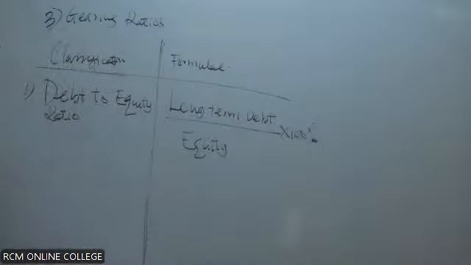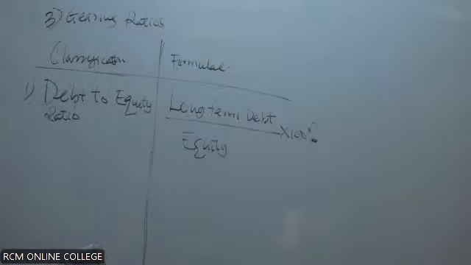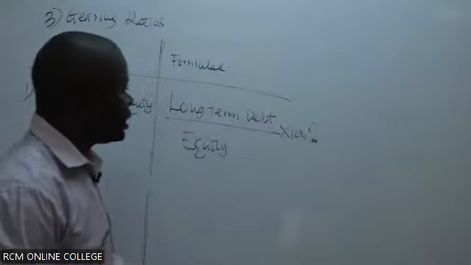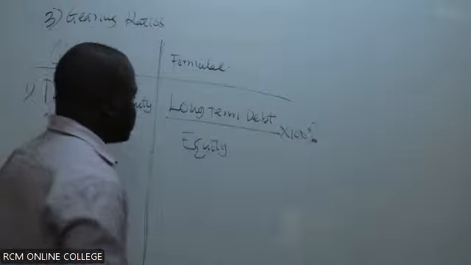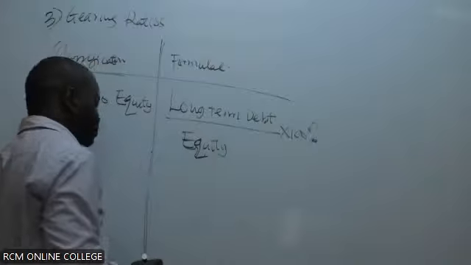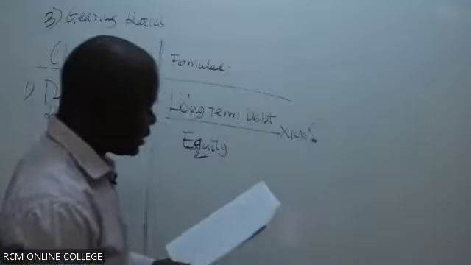You're simply comparing, as a company, if you have borrowed in terms of capital, to what extent you have done so in comparison to the equity. The equity here is what you've raised as capital after you've sold shares. So these are the shareholders' funds when you compare the two. That is what we refer to as the debt to equity ratio.